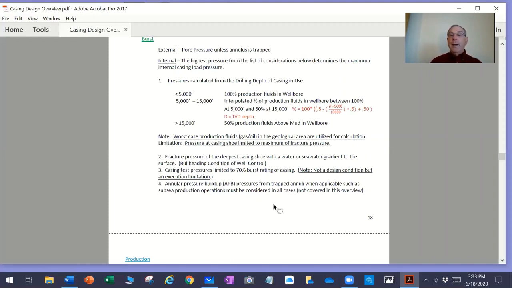If you have trapped annuli that are isolated and you have no ability to bleed off pressures, like a subsea well, you have to predict what the pressures are going to be in the planning of the well, and then choose casing strengths that comply with the annular pressure buildup you could have based on the temperature effects in drilling a well. But that's out of the scope of this overview.